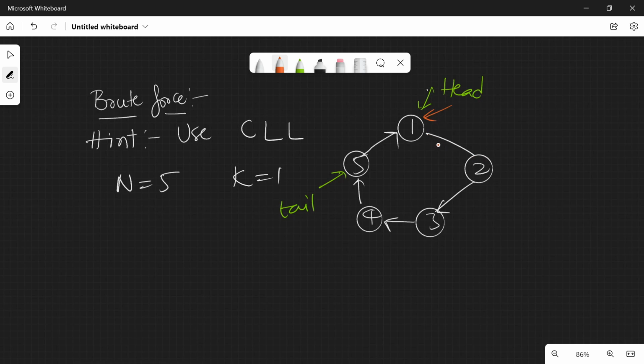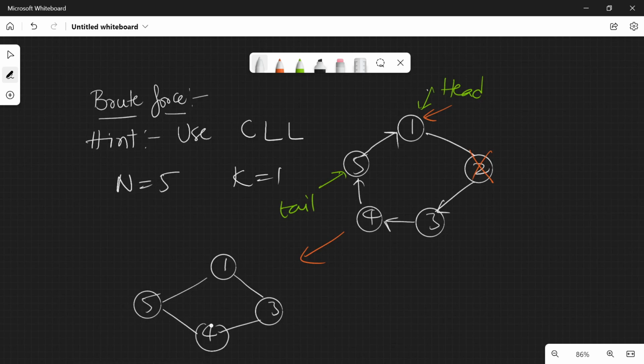So I'll modify the links, and I'll point the next pointer of 1 directly to 3 so that I remove the second guy from the circle. So that's how the circular linked list becomes this. And we have 5. 2 is now gone, and the knife is with 3.